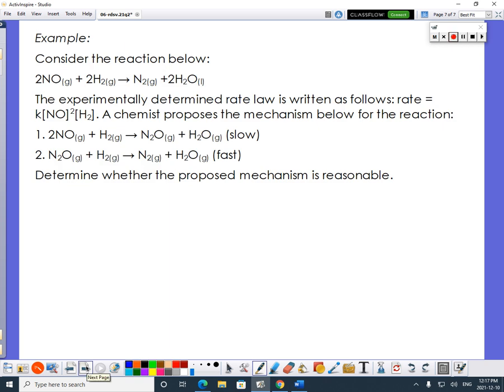So consider the reaction below. So you have to be given the target. In order to check if it's going to match the mechanism, you have to be given the rate law. Sorry for this unfortunate formatting.